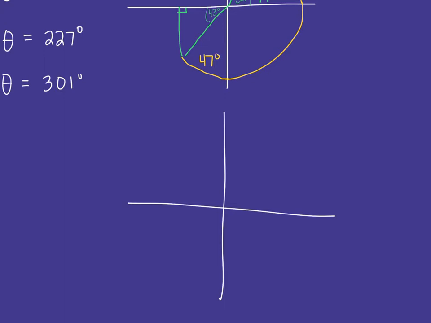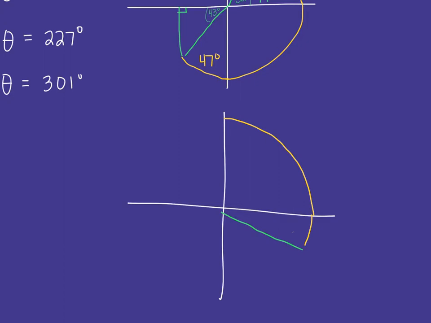All right, when I draw 110, I count by 90s. Okay, there's 90. And then a little bit more, and there's 20. Don't actually put the number 110 on your drawing. Only put the amount that was beyond the quadrant line. Then draw your reference triangle.